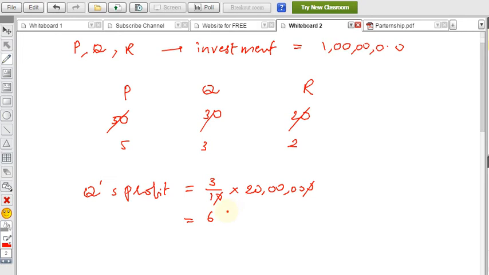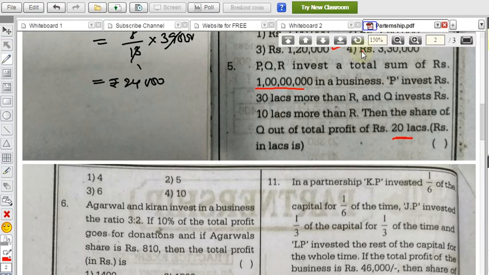So 6 lakhs is Q's profit. Fine, you can take similar.